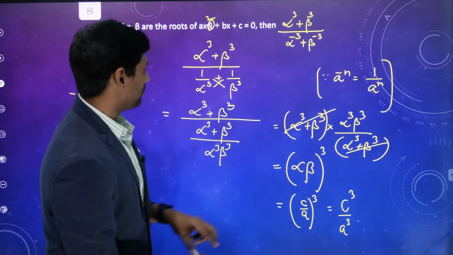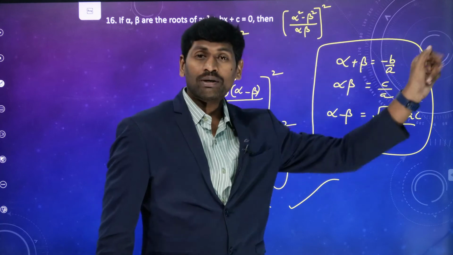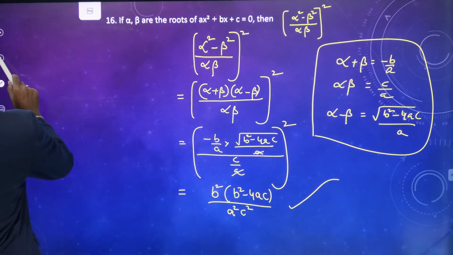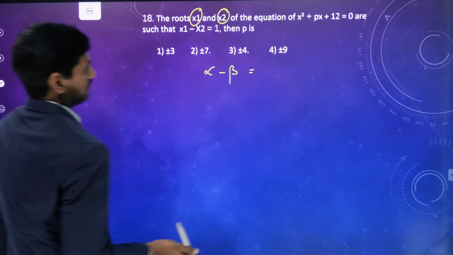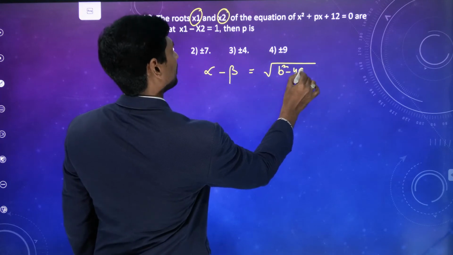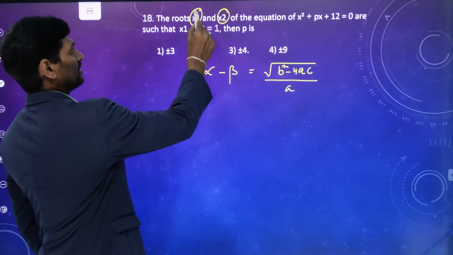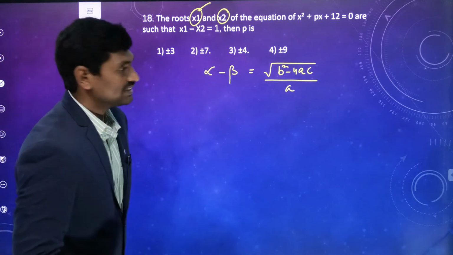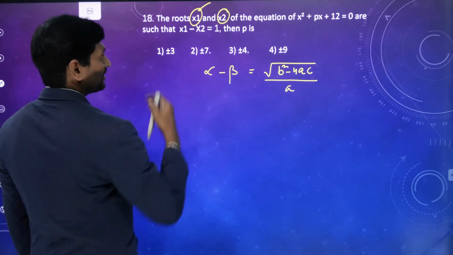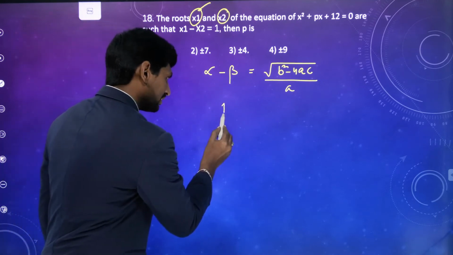Alpha minus beta formula is nothing but root over b square minus 4ac by a, or modulus of a, whatever. So the same formula I am writing, root over b square minus 4ac by a. Instead of x1 think alpha, instead of x2 think beta. So what is the x1 minus x2 value here? 1.